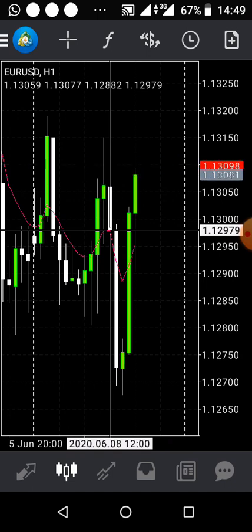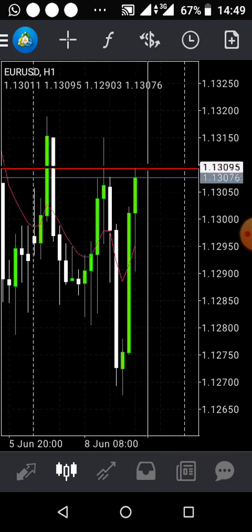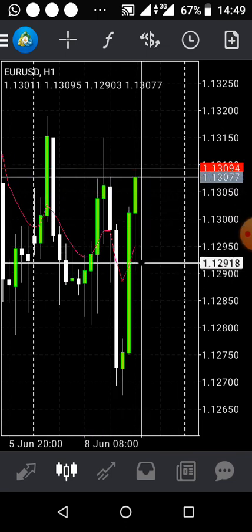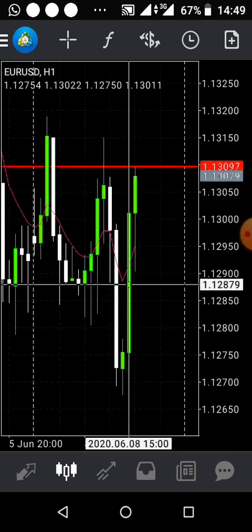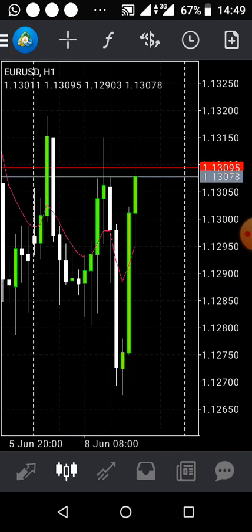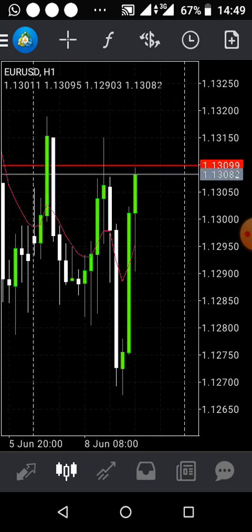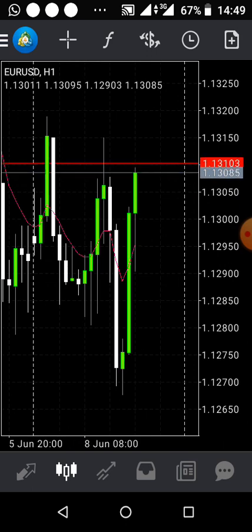All right, so that is that. So let me also remove the crosshair. Okay, just digest this a little. Like I told you, this is a Japanese candle.